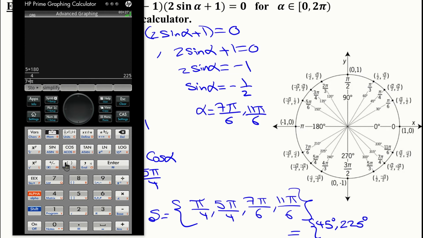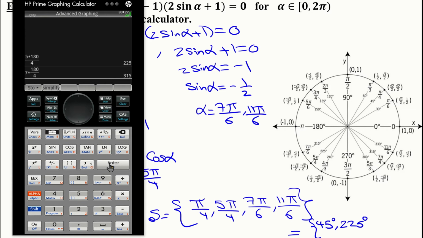If there's a pi in the expression, the quickest way to convert from radian to degree mode is to go ahead and replace the pi with 180. Otherwise, if there is no pi in the radian measure that you're trying to convert to degrees, then you simply multiply by 180 over pi. So we get 315 degrees.